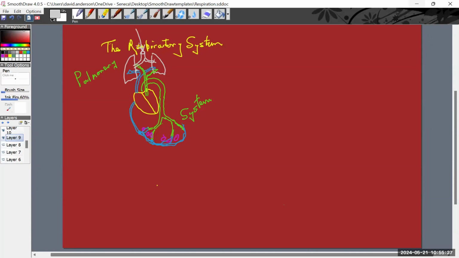So when we look at this, we can appreciate that from a respiratory perspective, there's got to be a pathway for air delivery.